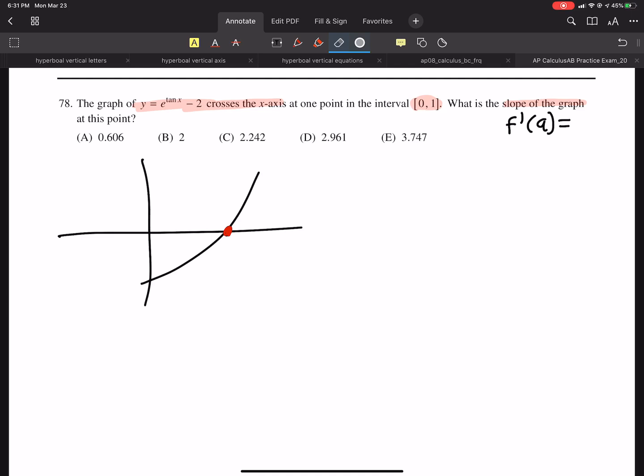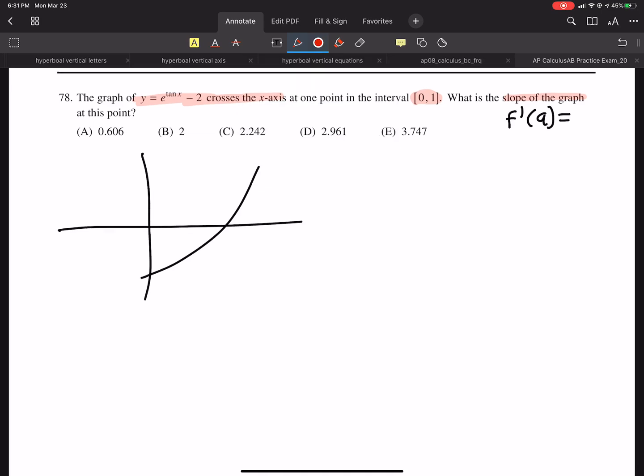And if you go through the steps it asks you to, you should find this point here occurs at 0.6061193.